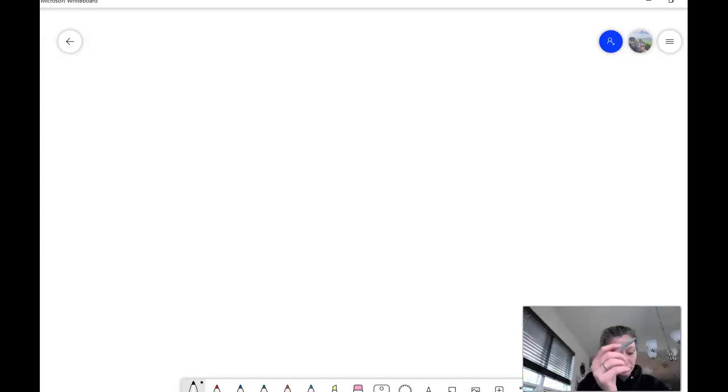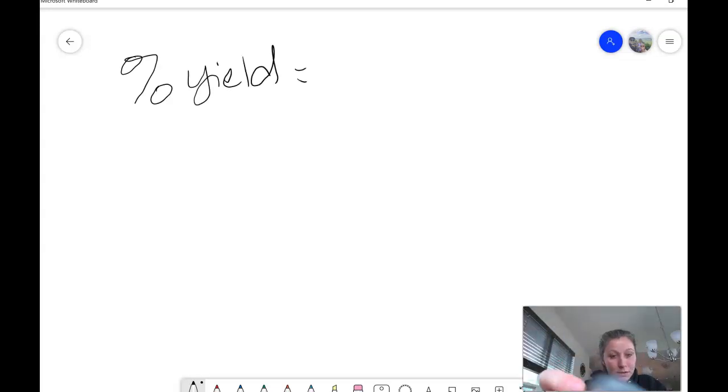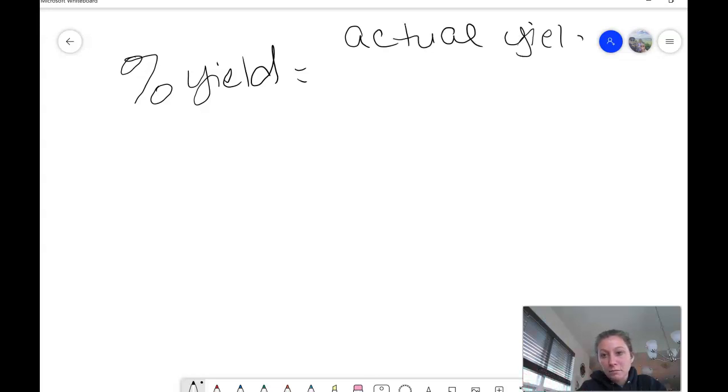So percent yield is really a comparison between what you theoretically could find and what you might actually find in the lab. The formula for percent yield is your actual yield, something you might find doing an experiment or going through some kind of setup.